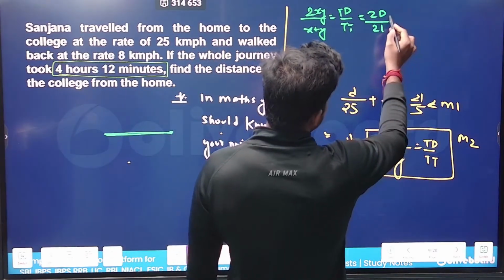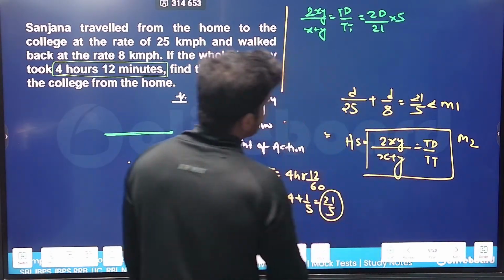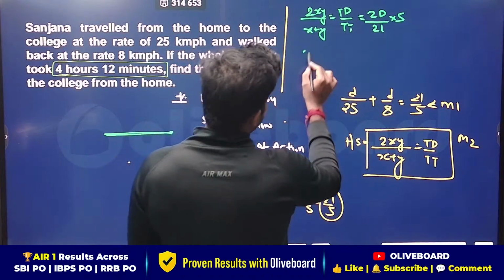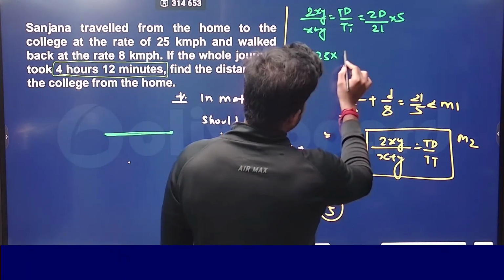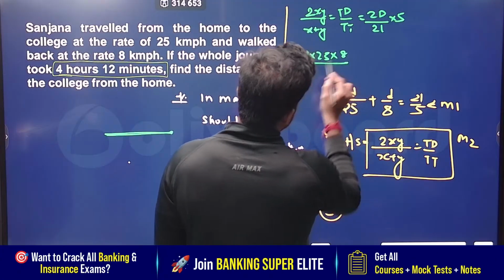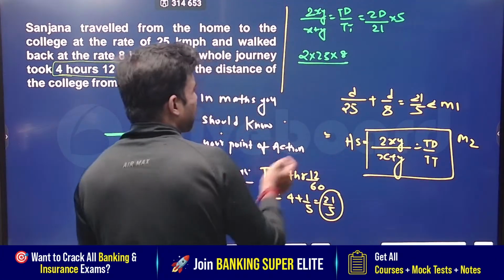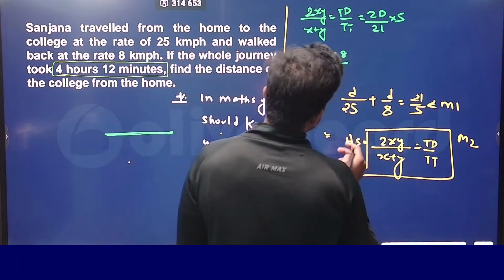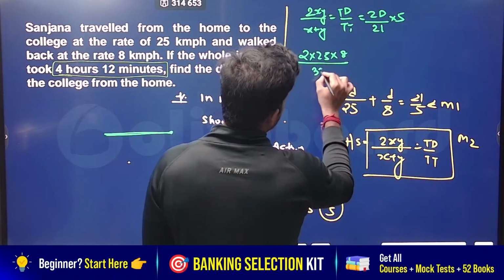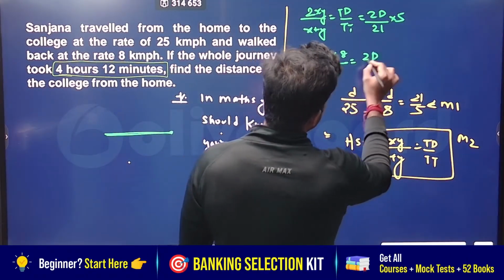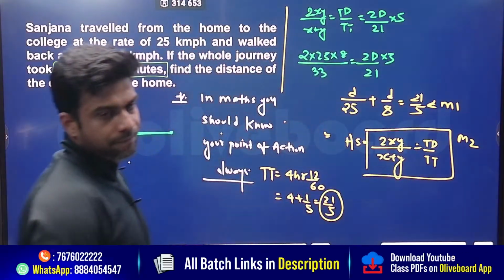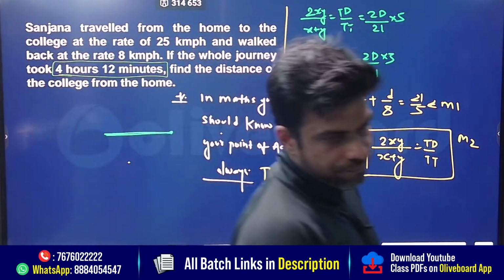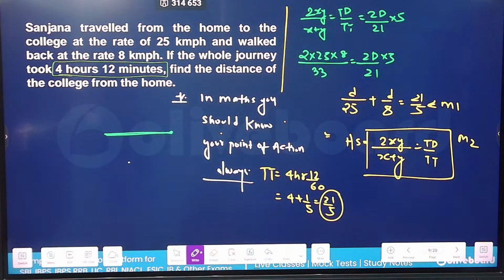Now 2 into 25 multiplied by 8 divided by 25 plus 8, where 25 plus 8 is 33, is equal to 2d multiplied by 5 by 21. Is it right? Come on, say. I hope this makes sense, everyone.